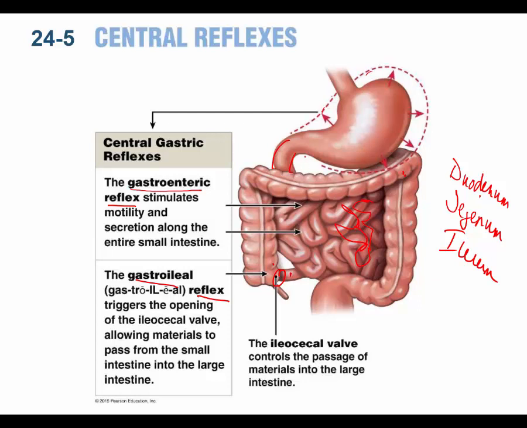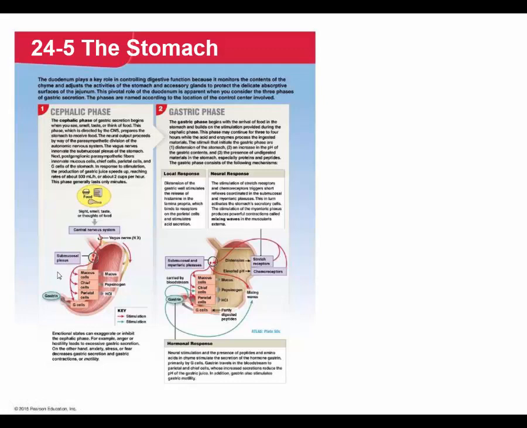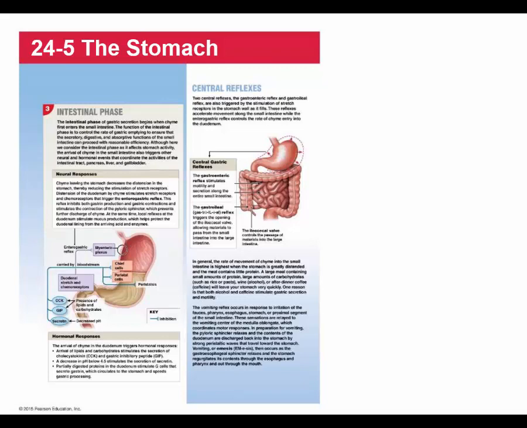So now the food is moving along out of the duodenum into the jejunum, out of the jejunum into the ileum, out of the ileum into the cecum because we just opened the valve. This moves the food along, and this is called the gastroenteric reflex. That's different from the enterogastric reflex where the intestines stop the stomach. All right, so that's the gastroenteric reflex and the gastroileal reflex. And this is the collage. And there you go. Play this over and over again if you're not getting it.